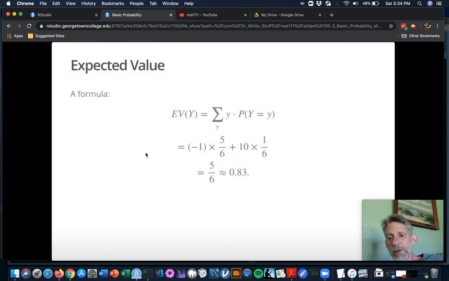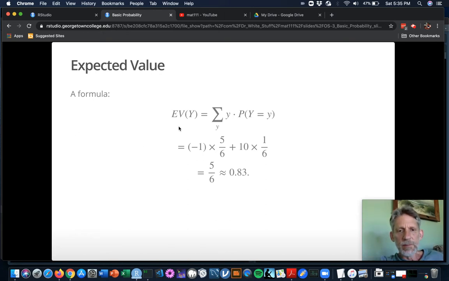So the number that you get from playing it a lot of times is what you could use to estimate the expected value. It turns out that for simple random variables like the ones that we are working with here, there's actually a way to find the expected value precisely.